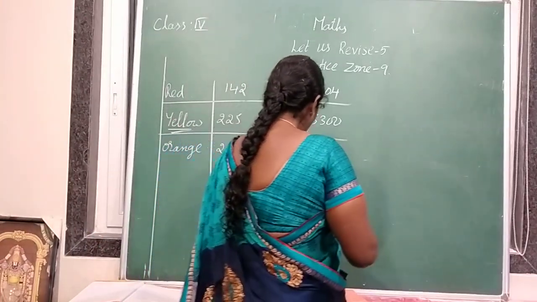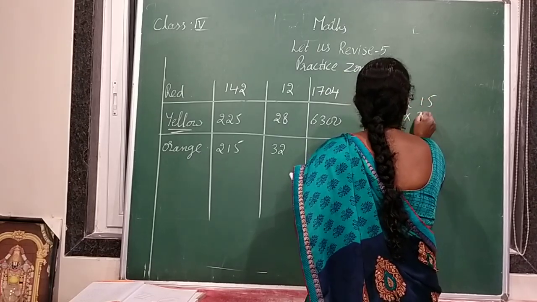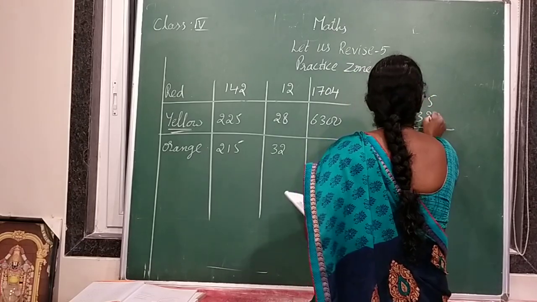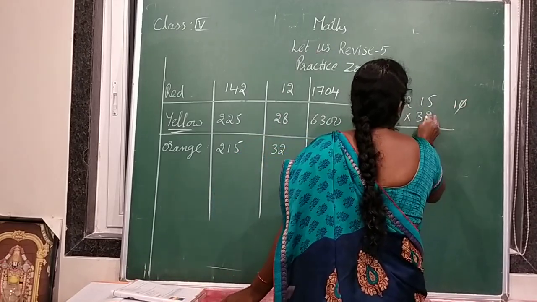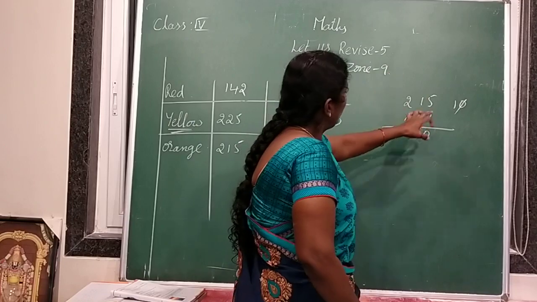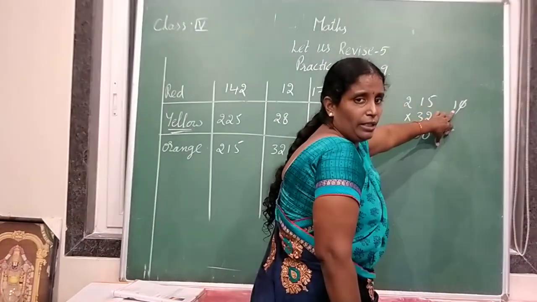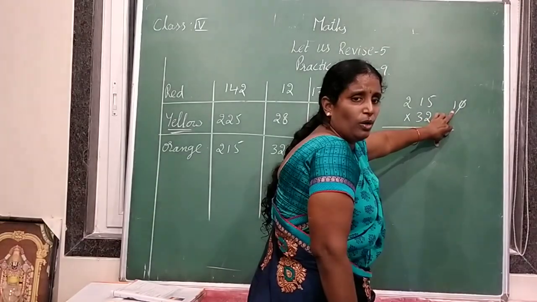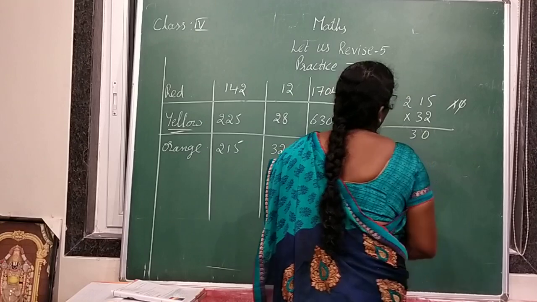So do the multiplication. 215 into 32. 2 5s are 10. 2 1s are 2, and carryover is 1. Carryover means what should we do? Add. So 2 plus 1 is 3.